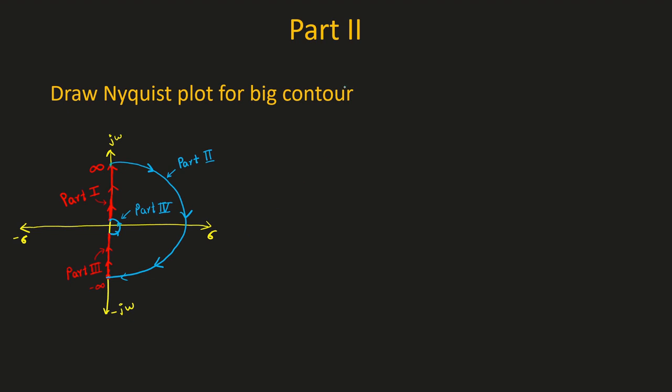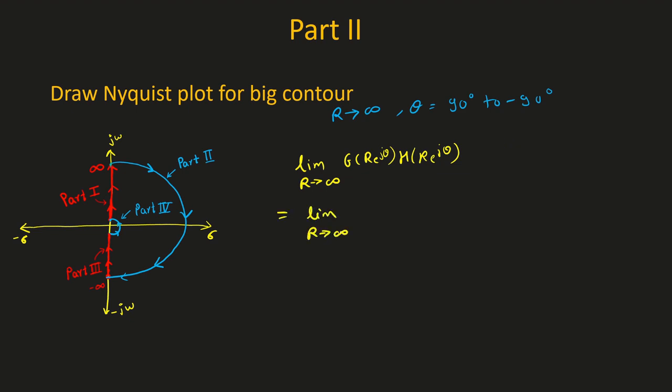So let's do it. R is tending to infinity and theta is varying from plus 90 degrees to minus 90 degrees. So let's put the limit R tends to infinity into G(R e raised to j theta) H(R e raised to j theta). This will become limit R tends to infinity of 1 upon 2 R cube e raised to j 3 theta, 1 plus 1 upon R e raised to j theta, 1 plus 1 upon 2R e raised to j theta.